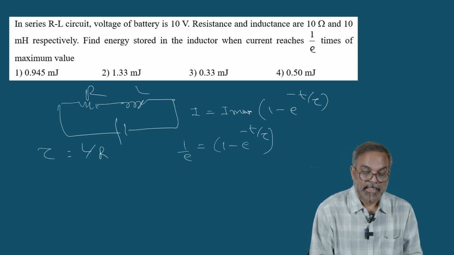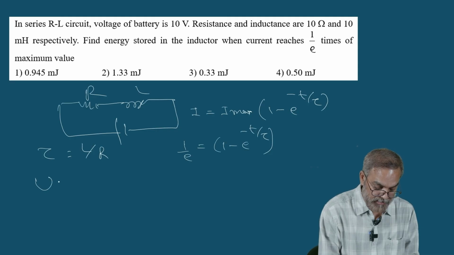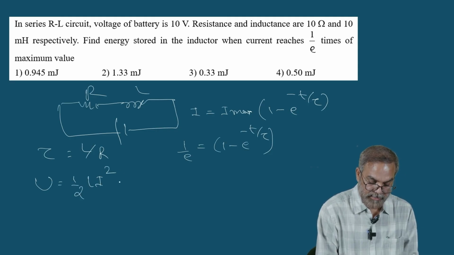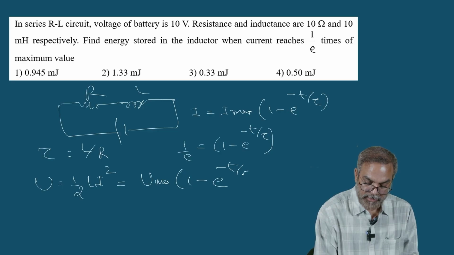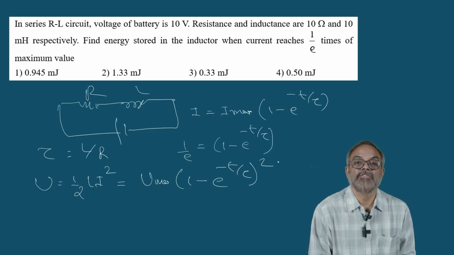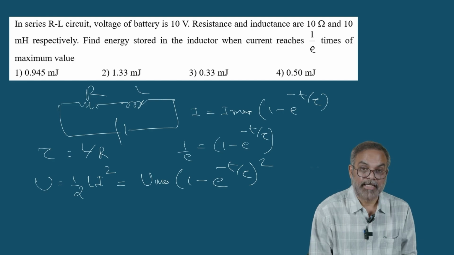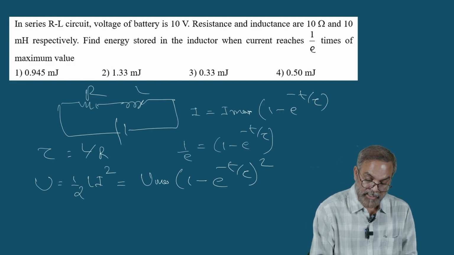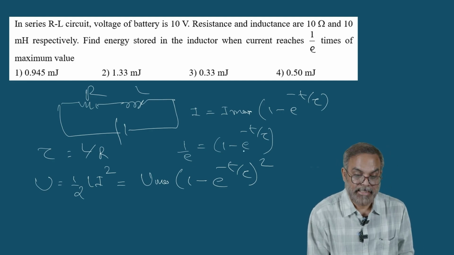Now we want energy stored in the inductor. Energy stored in the inductor is half Li square, and this becomes U maximum times 1 minus e to the power minus t over tau, whole square. So we want the energy stored in the inductor when current becomes 1 by e times the maximum value.